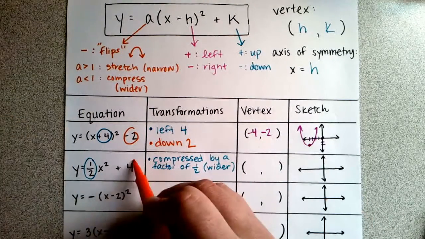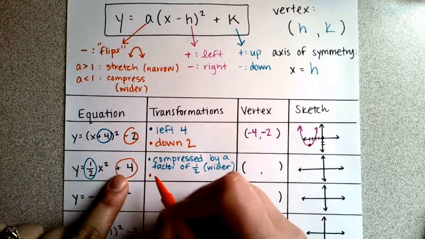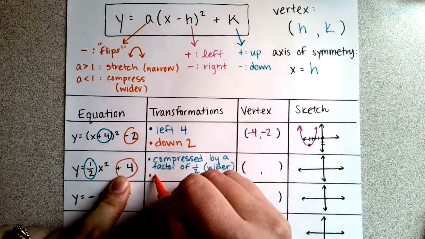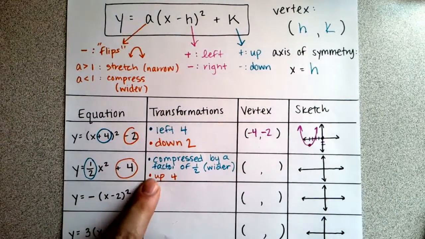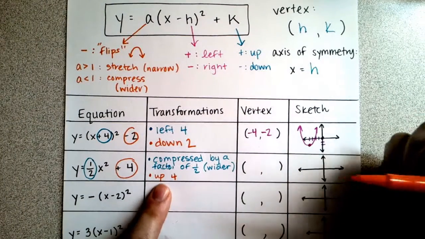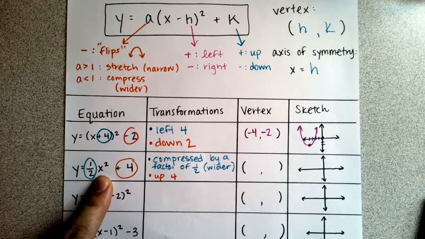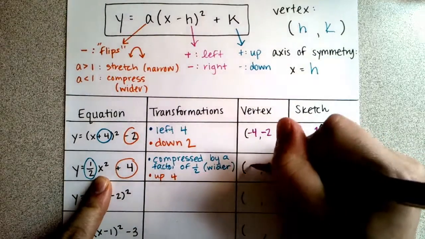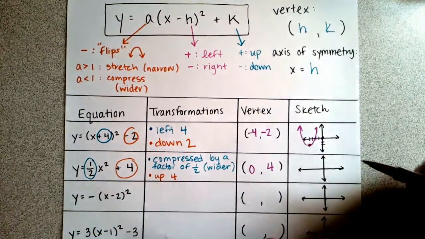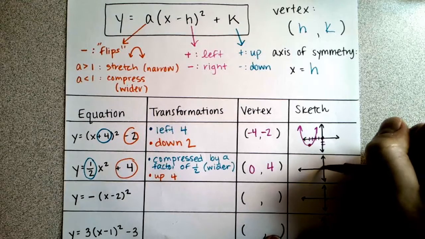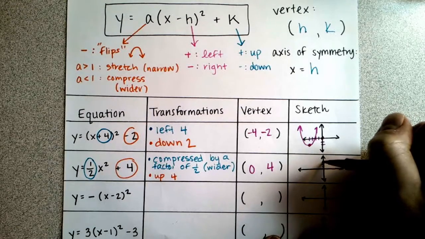And then the +4 here, since it's that k value, moves our function up 4. Our function moved up 4, but it didn't move left or right. There was nothing with the x. So that means the x value is still 0, but now we're up 4 for our vertex. So our vertex is at (0, 4).